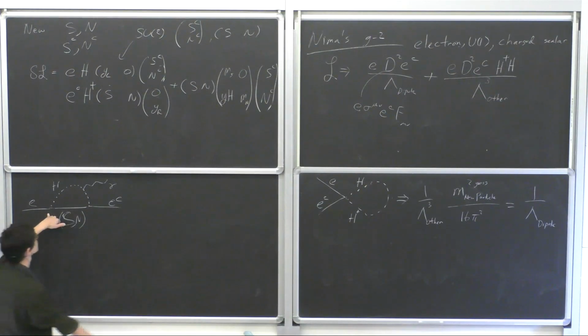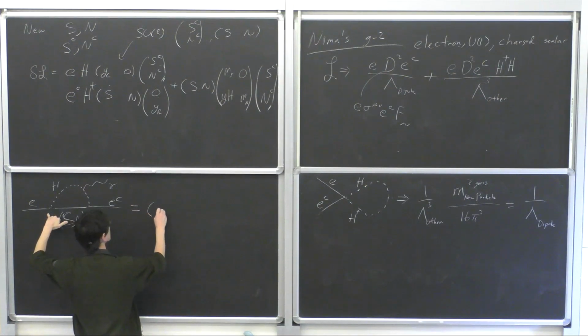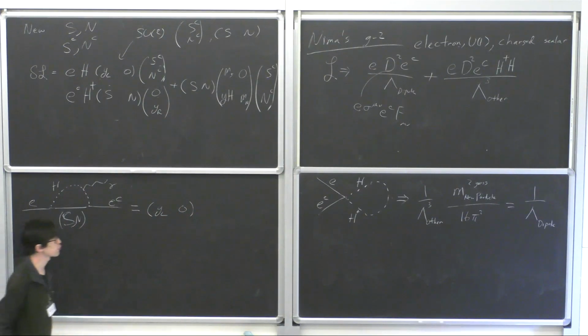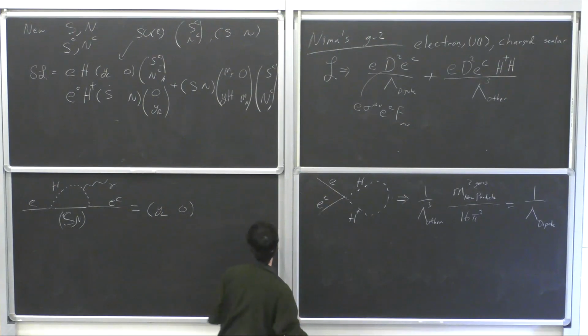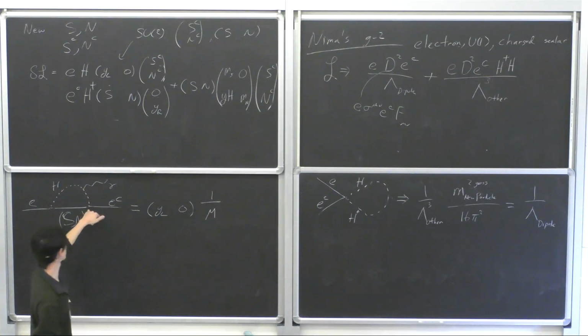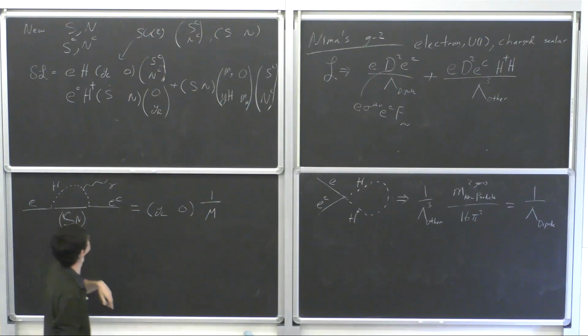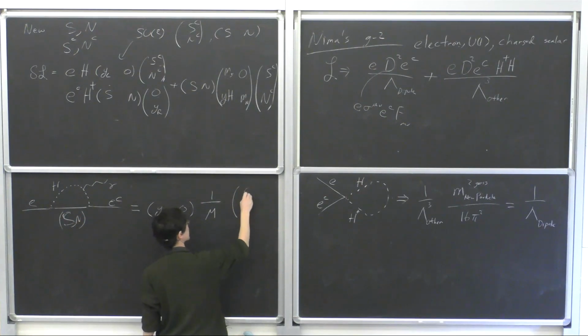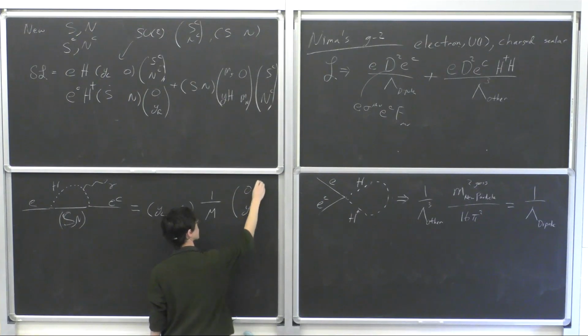Yukawa on the left, YL 0. It's dimension 5, so this is going to be 1 over the mass matrix. And then Yukawa on the right has to be, great.